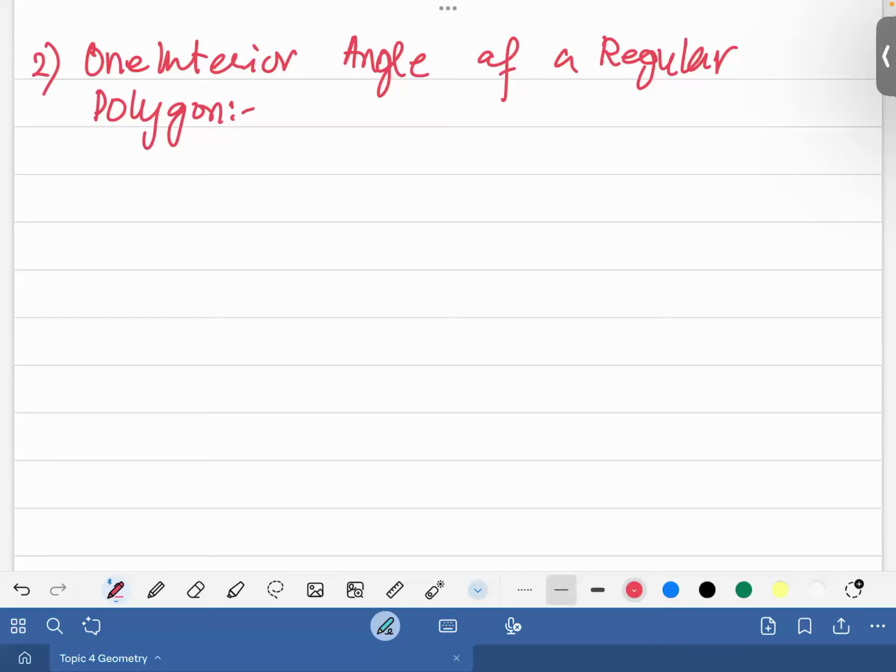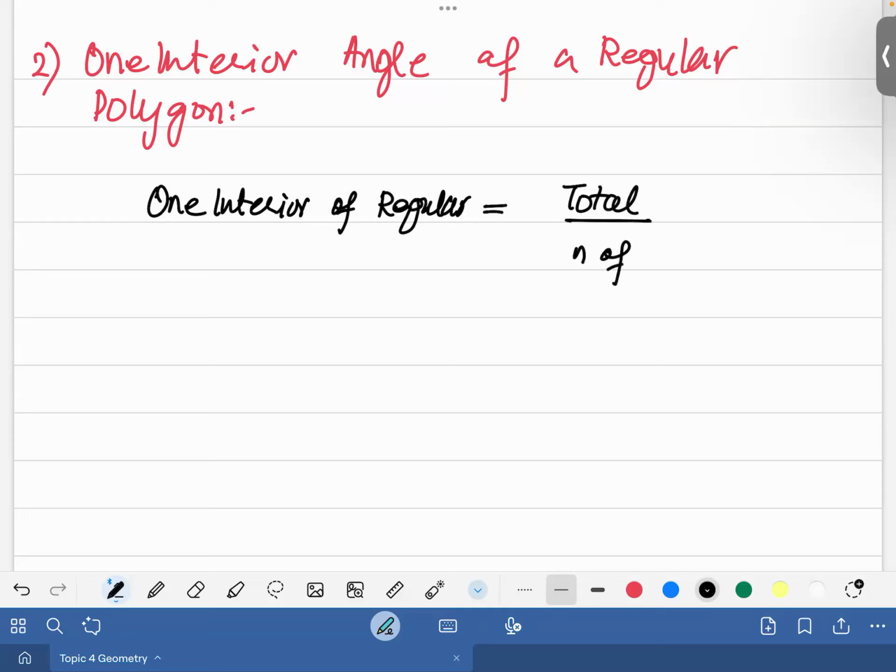So whatever the total is, just divide by n. Remember one thing: one interior angle of a regular polygon would be the total divided by the number of sides, and we know that the total is n minus 2 into 180. Agree? And the number of sides is n.